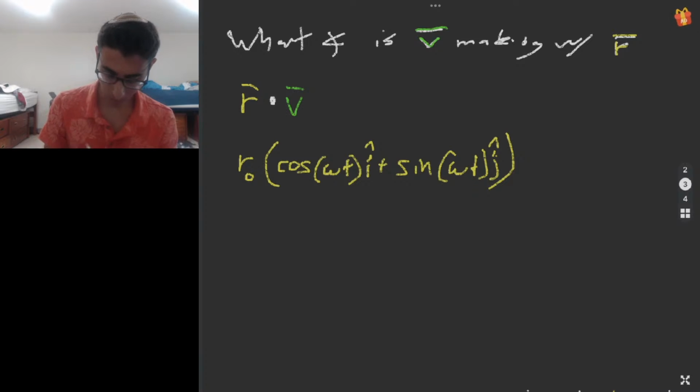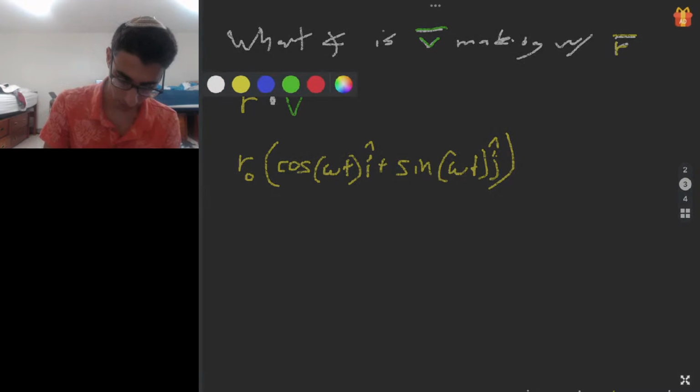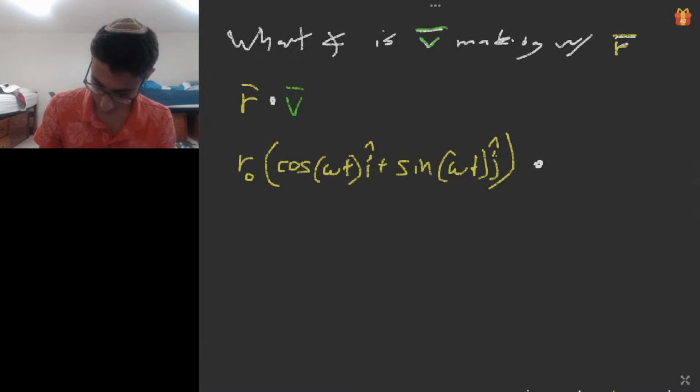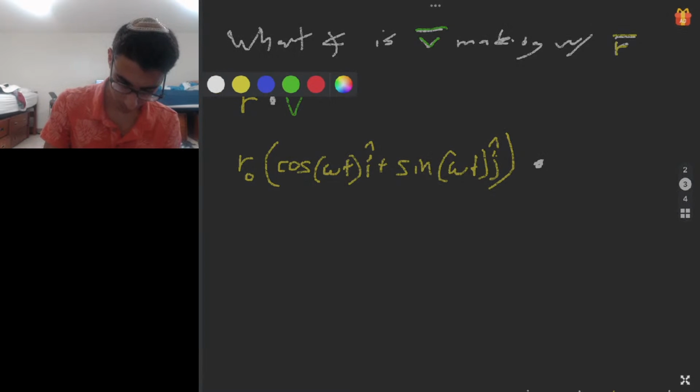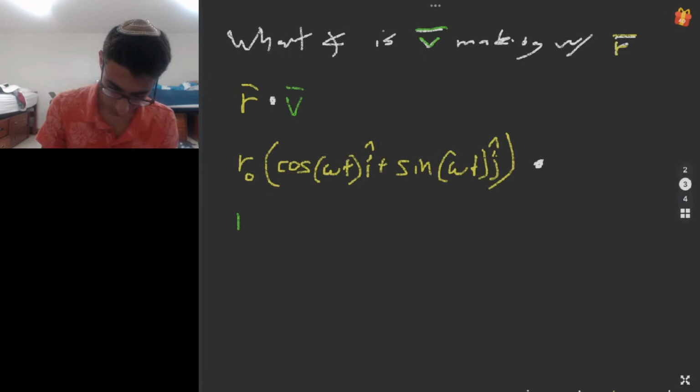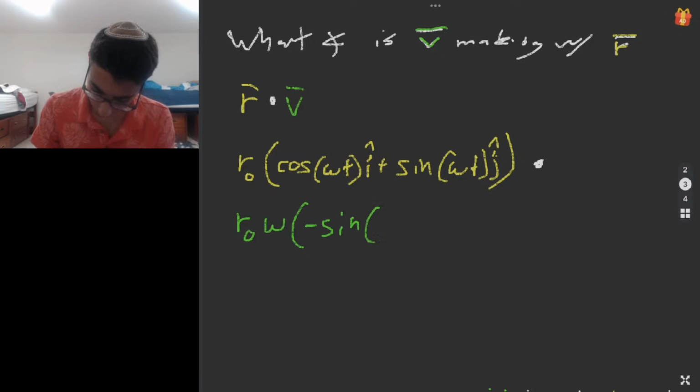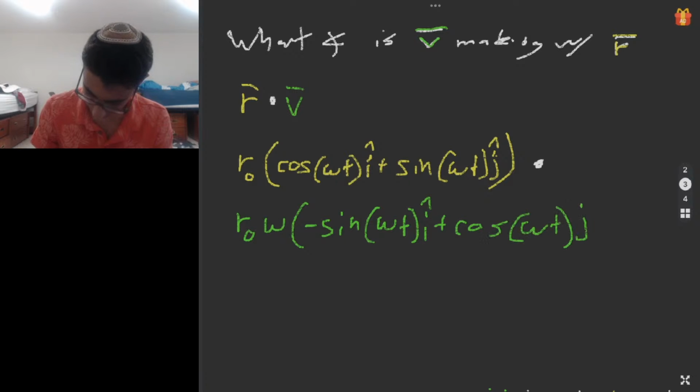That's our R, dot the velocity, which is R naught times omega times negative sine of omega t, that's the I hat, plus the cosine of omega t, that's the j hat, the y component.